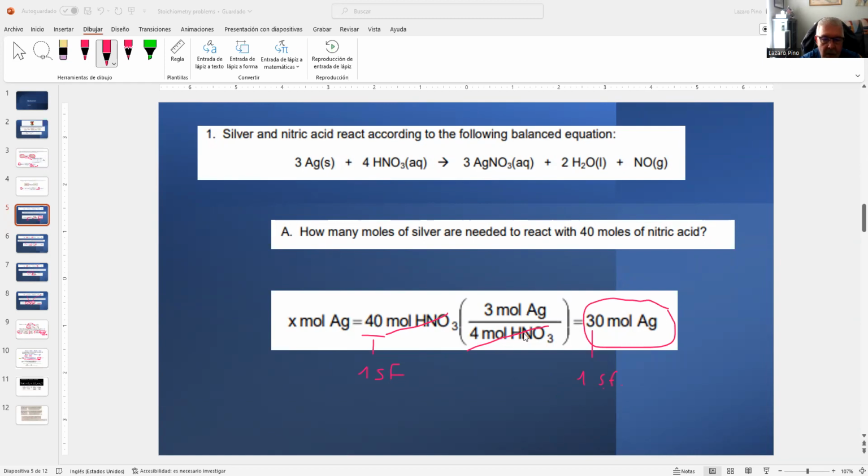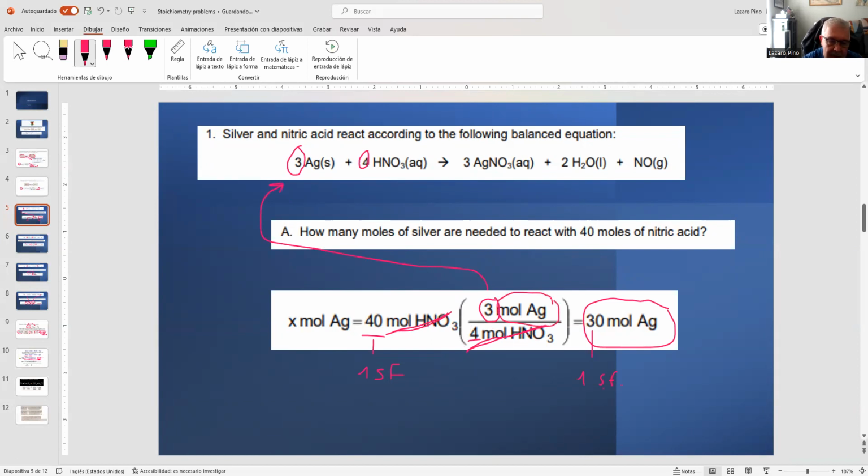Down, you write moles of nitric acid, that is, in this case, 4 moles. Then you write here the number 4 and 3 moles of silver. These are from the equation, okay? So you cancel moles of nitric acid with mole of nitric acid, and your answer is in moles of silver.